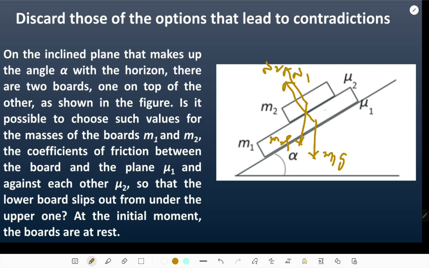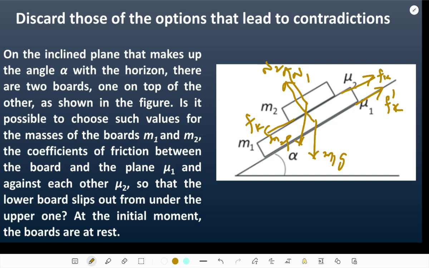The lower board is faster, that means with respect to lower board the upper board is slipping up the incline. तो M2 पर जो फ्रिक्शन फोर्स लग रहा होगा वो डाउन द इंक्लाइन लग रहा होगा. दैट मीन्स M1 पर आगे की ओर लग रहा होगा, और ये फ्रिक्शन फोर्सेस काइनेटिक फ्रिक्शन फोर्सेस हैं. और ये लोअर बोर्ड इंक्लाइन के अगेंस्ट नीचे की ओर स्लिप कर रहा है, तो इंक्लाइन भी इस पर जो फ्रिक्शन लगा रहा होगा वो अप द इंक्लाइन ही होगा.